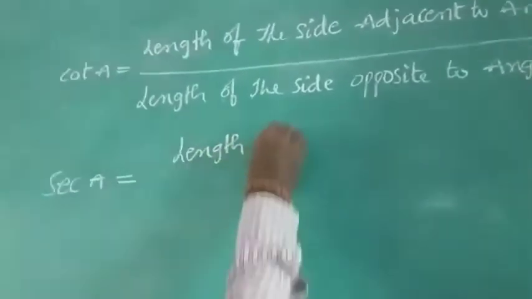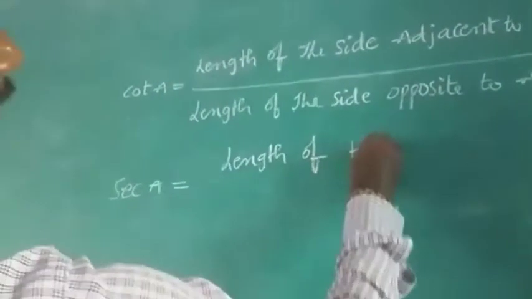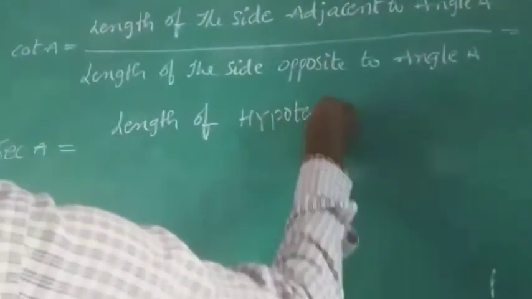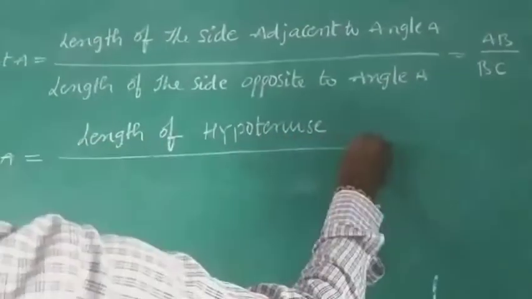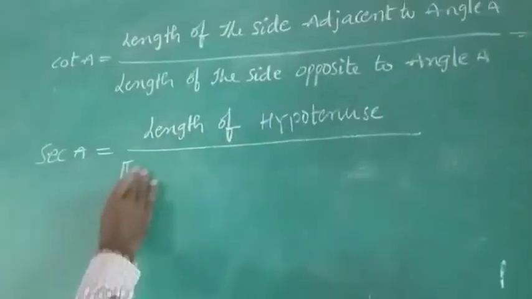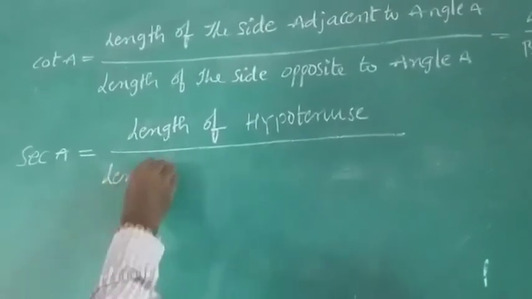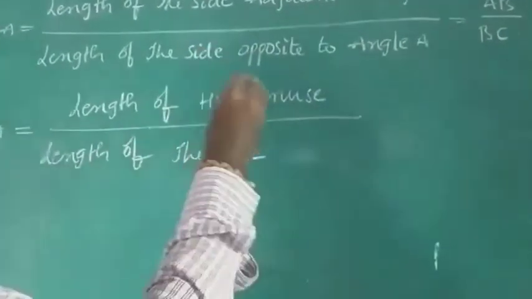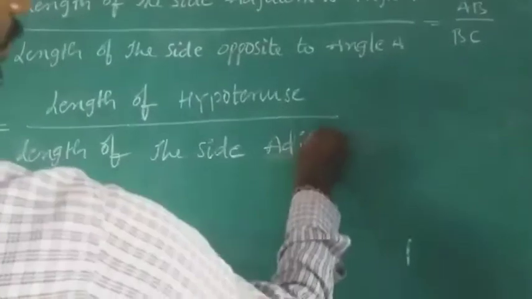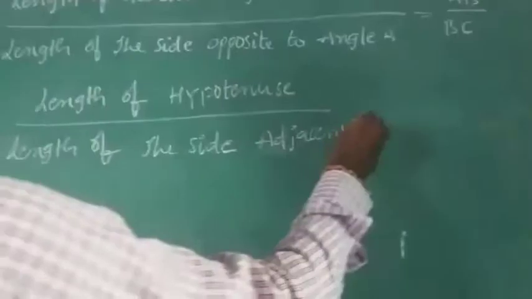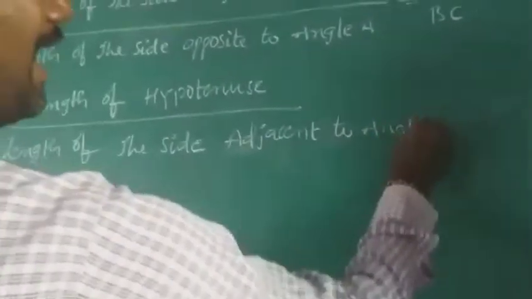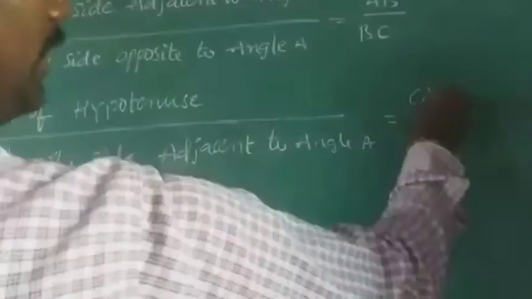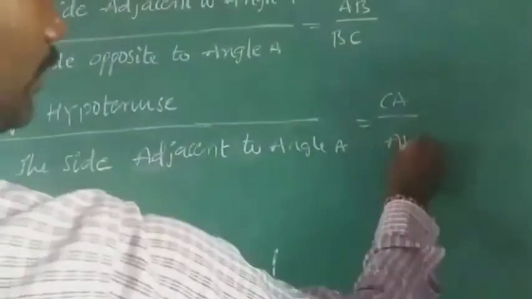Length of hypotenuse by the length of the side adjacent to angle A is equal to hypotenuse CA by AB. The next, cosecant A.